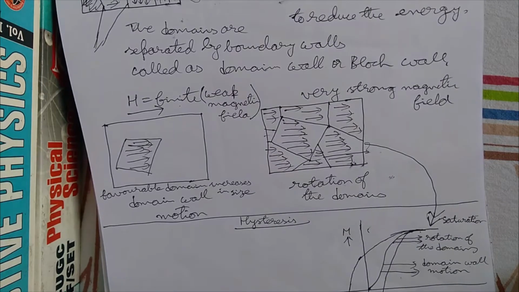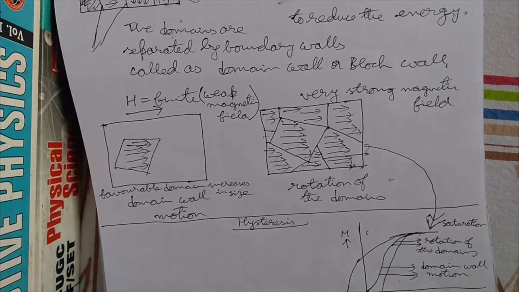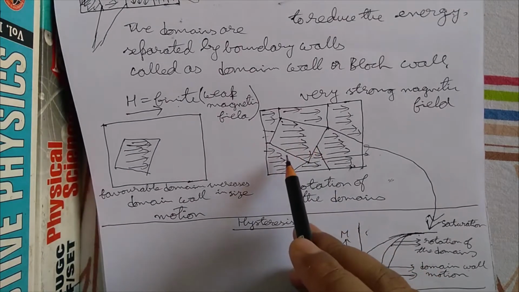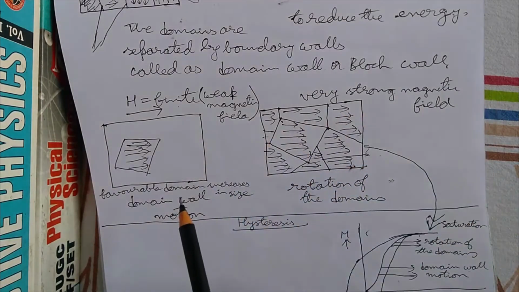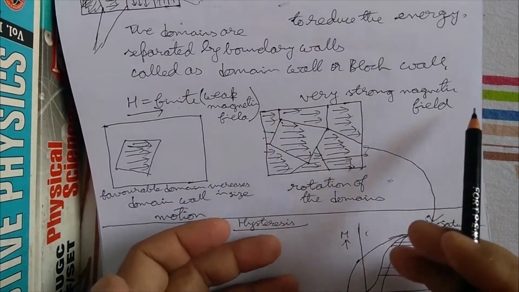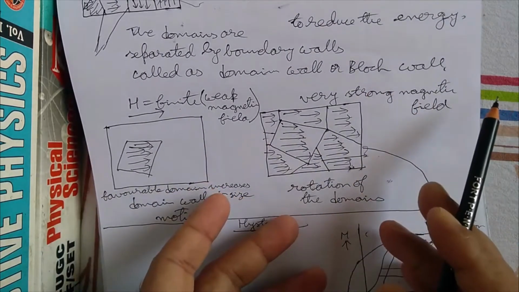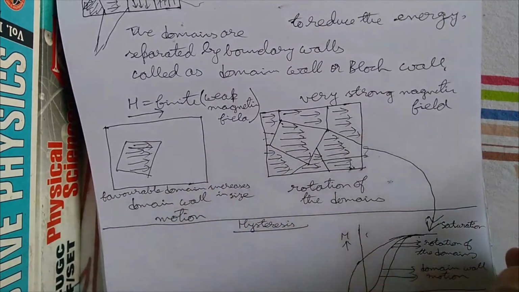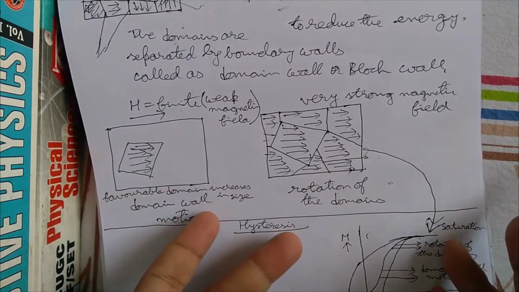Saturation means that there is a certain fixed number of dipoles here. If all the dipoles have got arranged towards the magnetic field and you increase the magnetic field more, there are no more dipoles left, so nothing will happen.